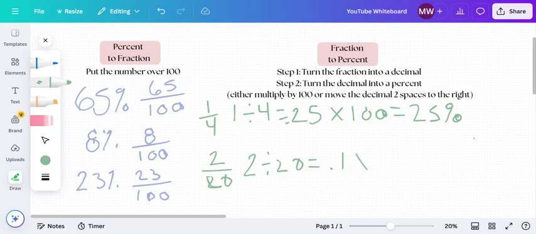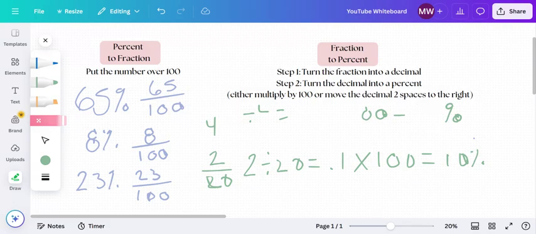Then I'm going to multiply that by 100. And that will get me 10%. Okay, so that was the first way we could do our second step, multiplying by 100.